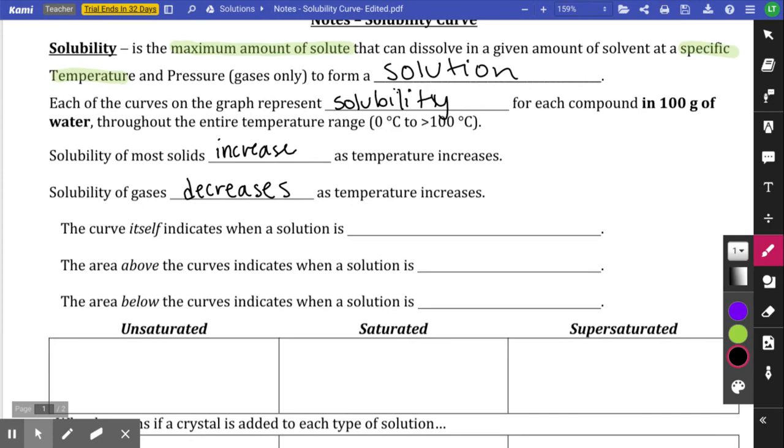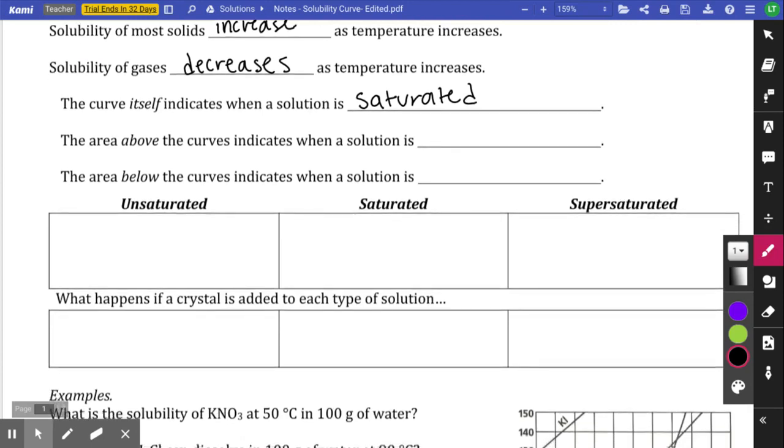Now on our graph, obviously, there's a lot of space above and below the curve. So we need to talk about what that means as well. The curve itself tells us when a solution is saturated. So I'm going to define that right down here. The very basic definition that I can give you of a saturated solution is that it is full.